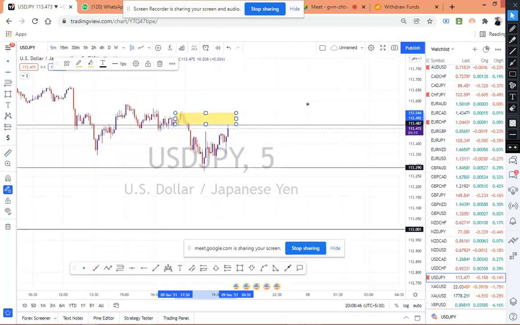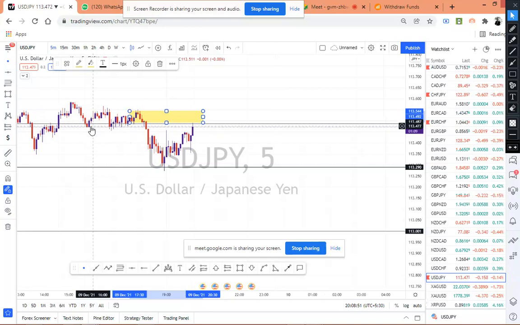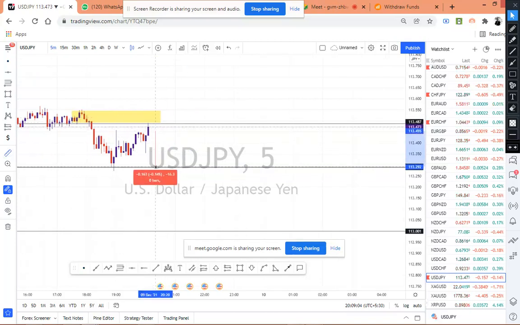Okay, 5 minutes says this is support as well, but here we have support, breakouts, and a supply zone. What if I sold this trade from here? How many pips am I going to make? 16 pips. That is not enough.